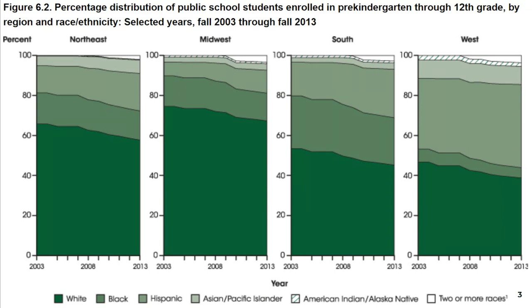Let's look at an example of diversity in terms of categories. You might remember this graph from the Achievement Gap lecture. It depicts the racial and ethnic distribution of public school students from 2003 through 2013. It shows years on the x-axis and percent by enrollment on the y-axis.